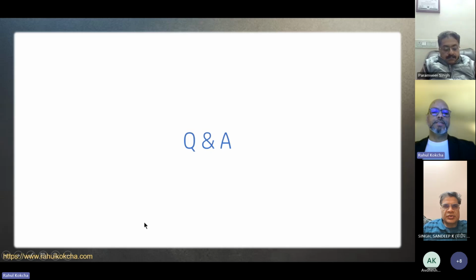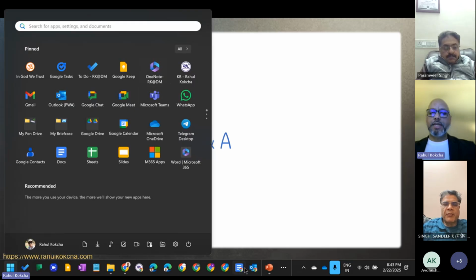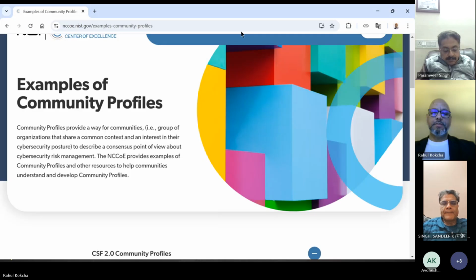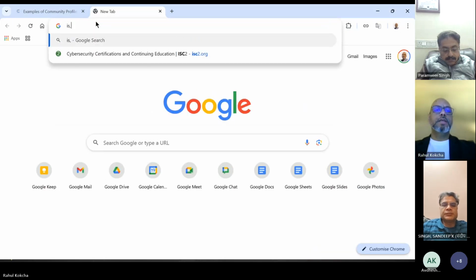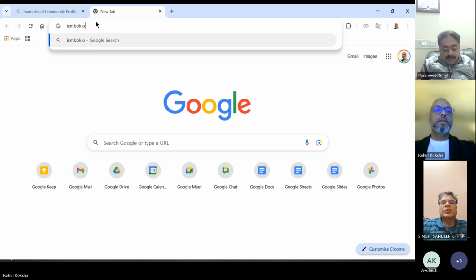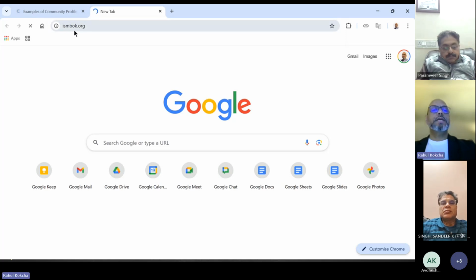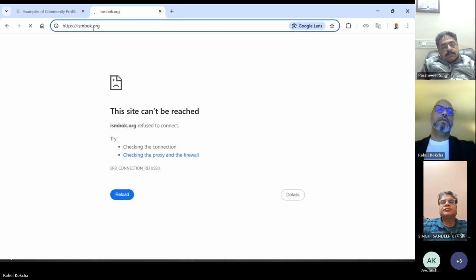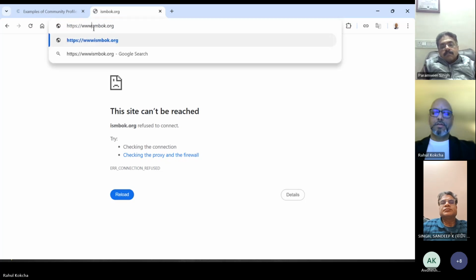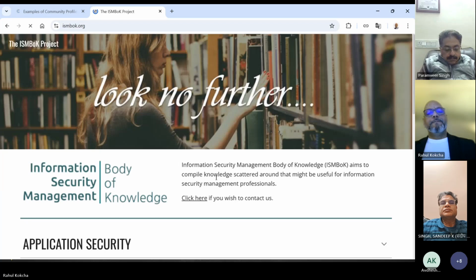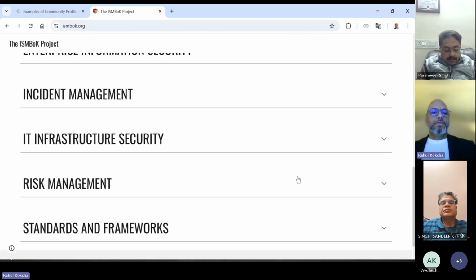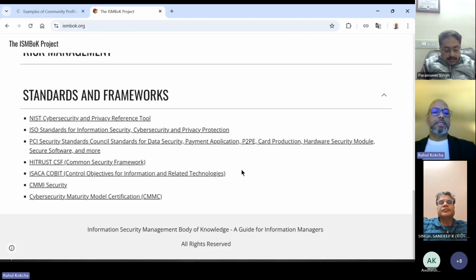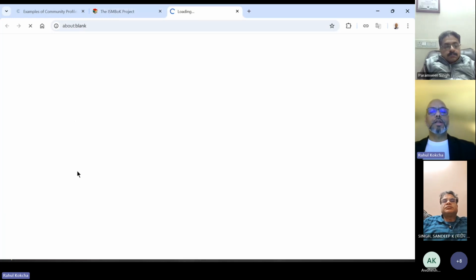There are many resources, and I have made one small resource here. On this website, you can see some of those standards and frameworks from NIST.